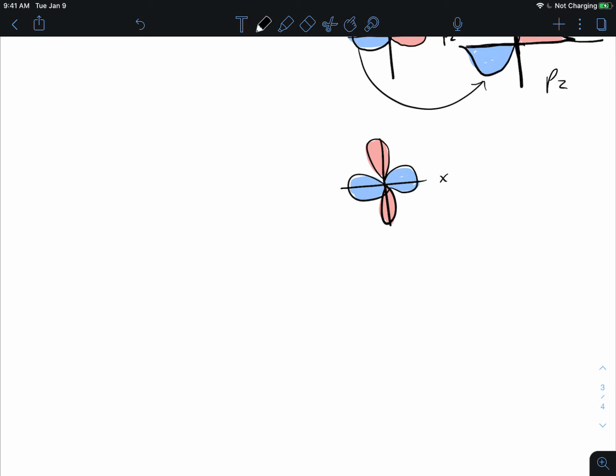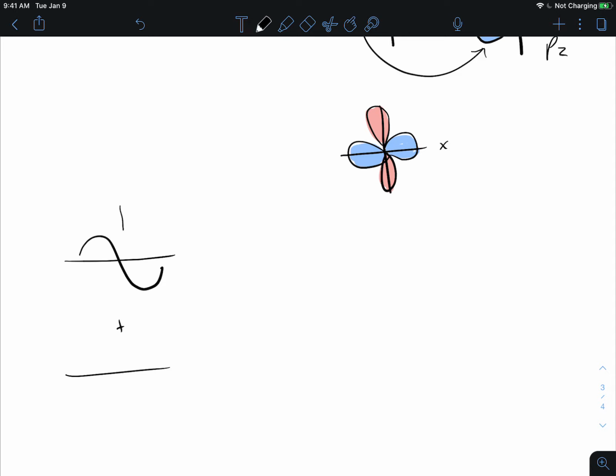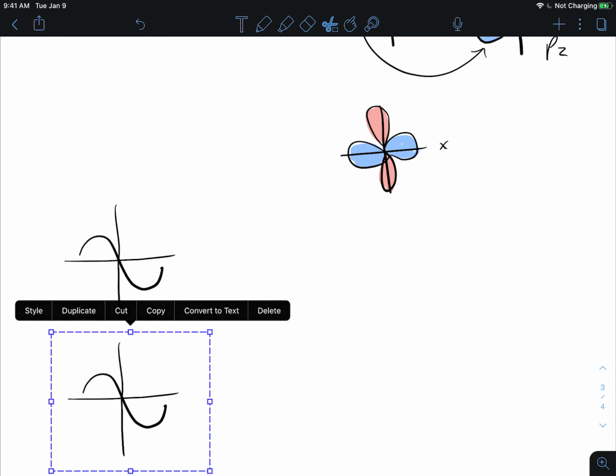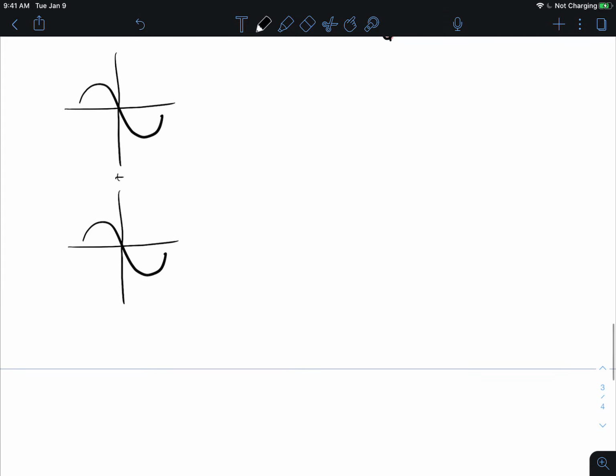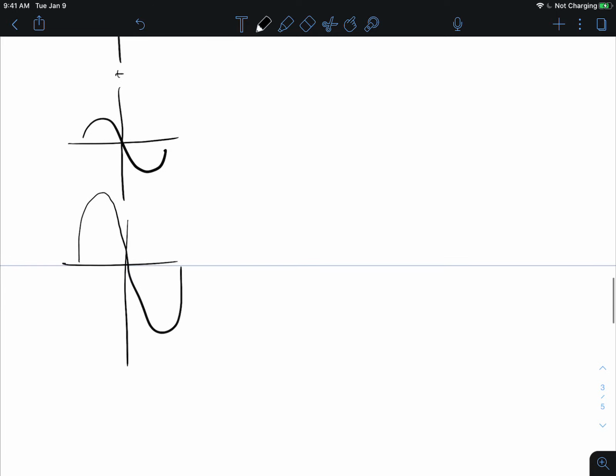So thinking about taking something like this, plus something like this, and combining it, we produce something like this. Fantastic, a constructive combination.